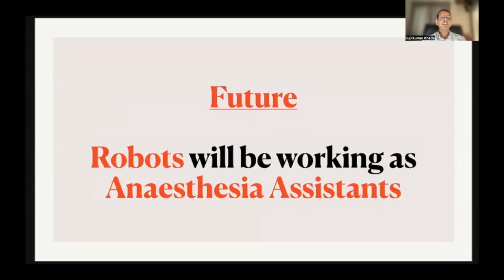What I imagine in the future is that I will go to an operating room and I will tell my robo that this is a young male patient weighing 55 kg and is posted for kidney transplant. So this is the routine scenario of what we do. I will inform him that I will give GA and I will put him on a ventilator. Now the next thing I will ask him: can you get a propofol, fentanyl, atracurium based anesthesia?